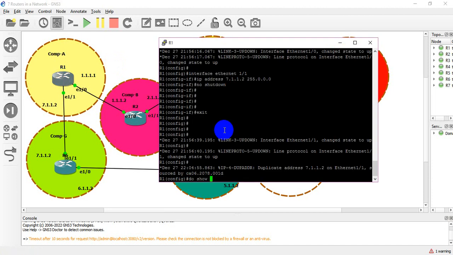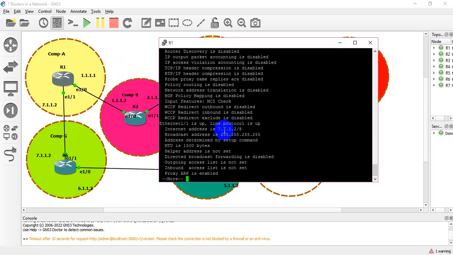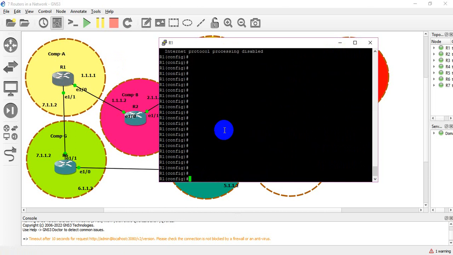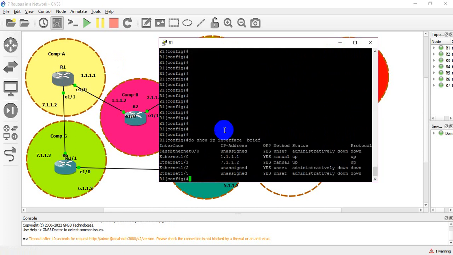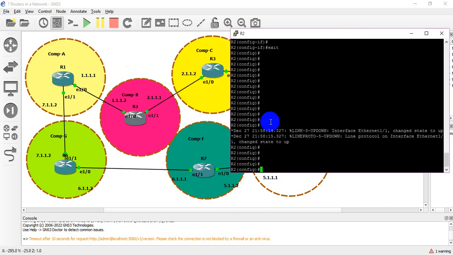Now let's check the interfaces of all the company routers by writing this command, show ip interface brief. Yes, up for communication and IPs assigned. Let's check this one.